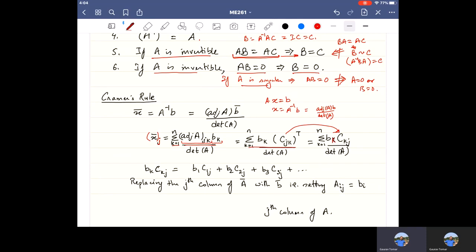Now, suppose I replace the kth column of the matrix A with the bk vector. Let me write this as Akj as bk. Okay, that's what I'm doing.